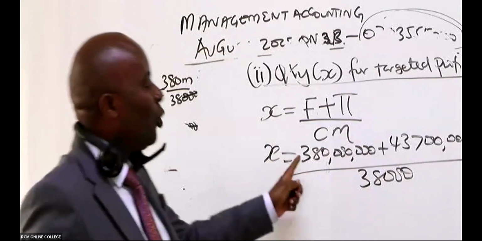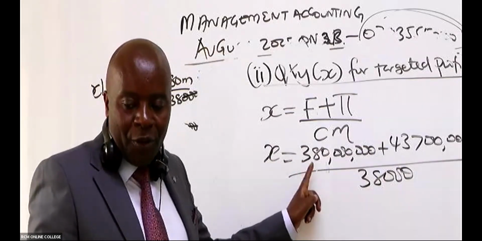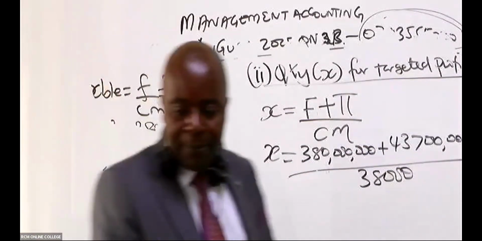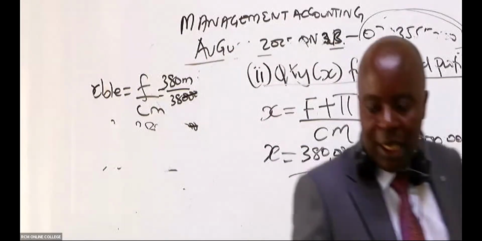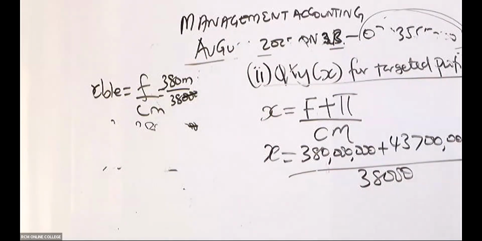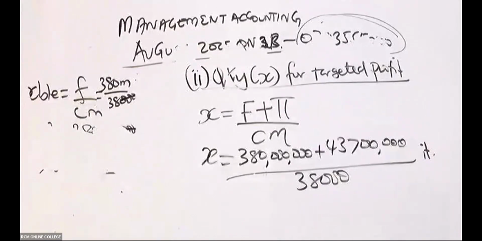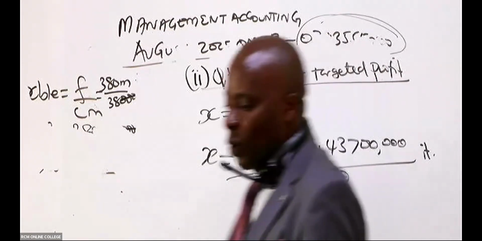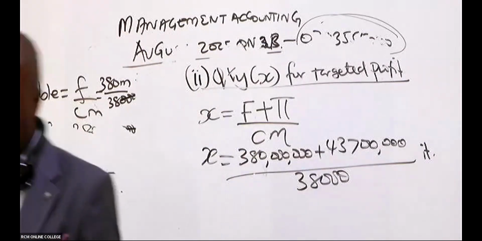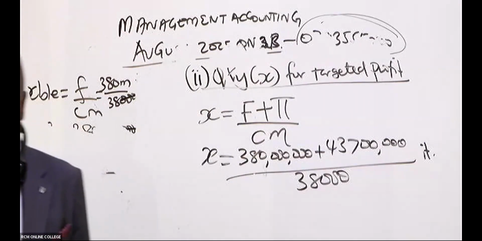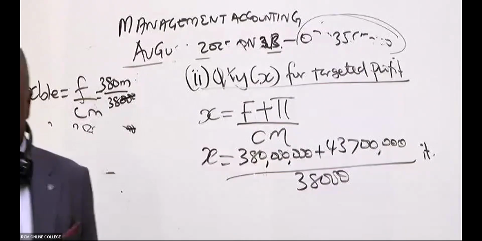First of all, do the numerator: 380 million plus 43.7 million equals first. Whatever answer you get, you say divided by 38,000, and then you give me an answer.